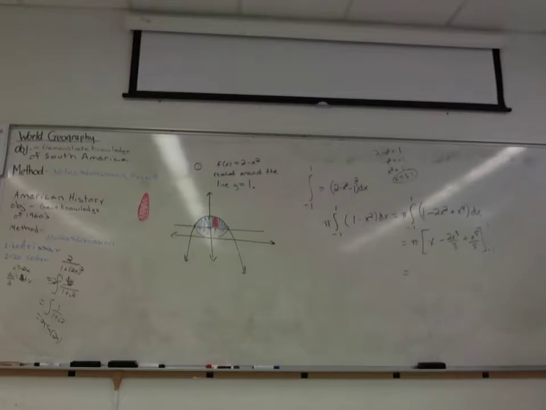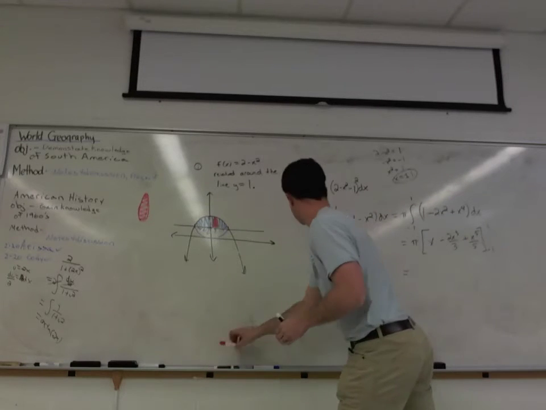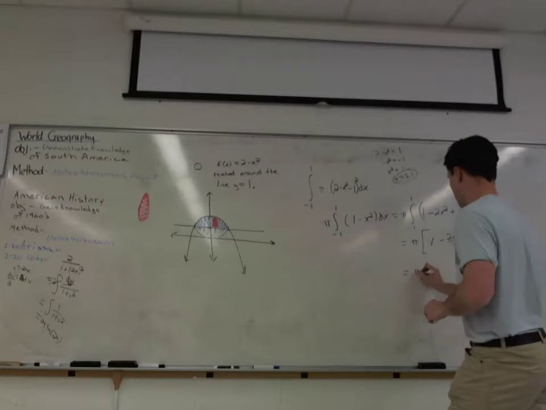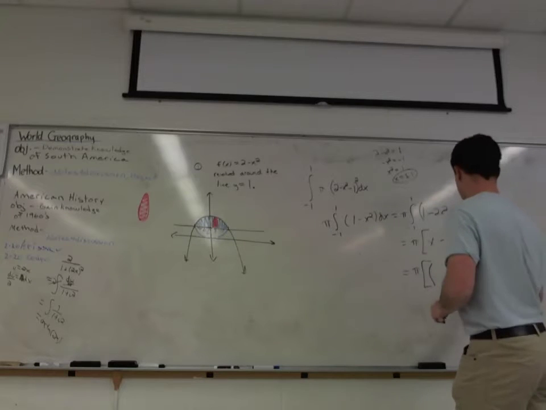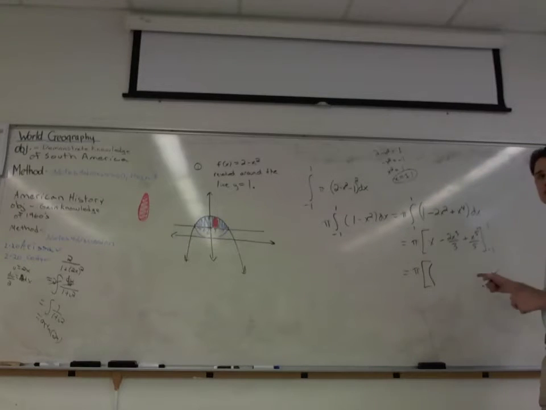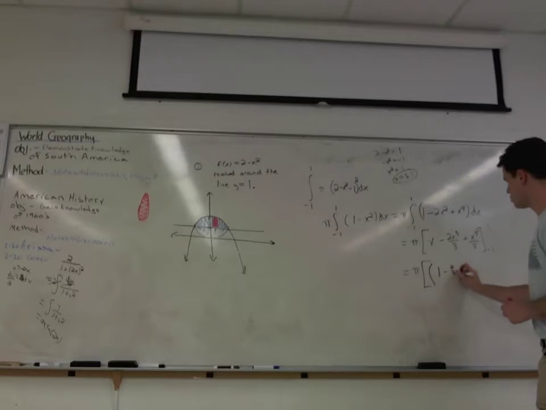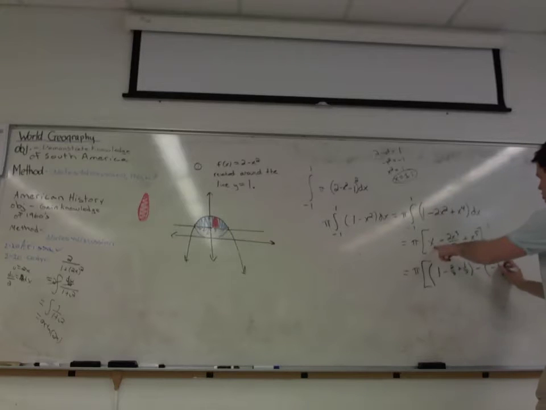So let me show the work just for anyone who's watching the video. You get pi, leave that all the way out here. Use my parentheses notation. I messed up somewhere. 1 minus 2/3 plus 1/5 minus negative 1. You put a negative, it becomes negative, but that makes it plus 2/3.